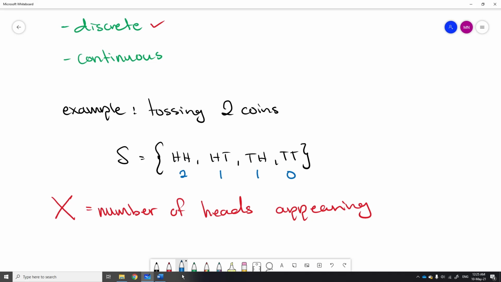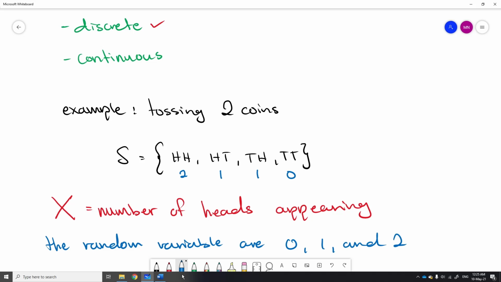So the random variable takes the values 0, 1, and 2. A random variable is a real number that depends on our x.